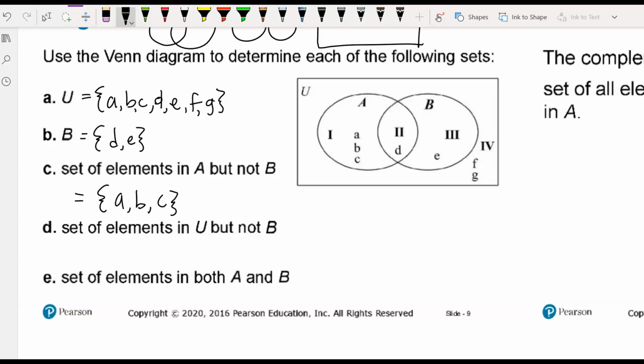All right, then it says the set of elements in our universal set but not in B. So everything that's not in B. We'll have a, b, c, and then f and g.